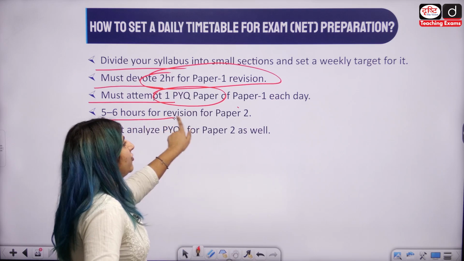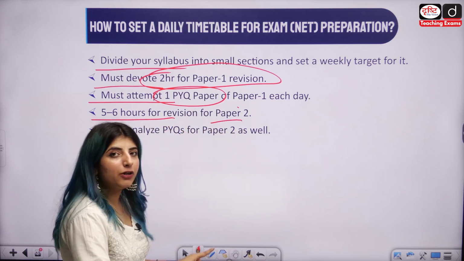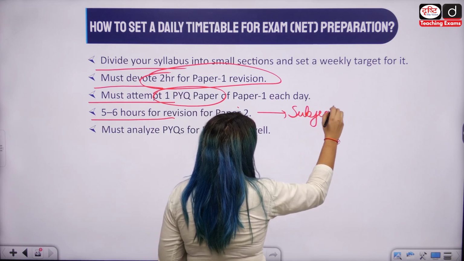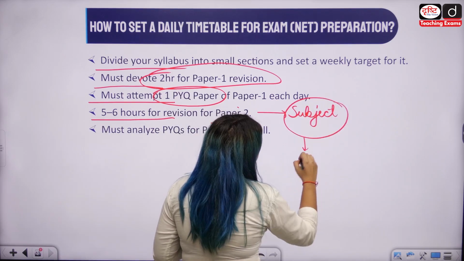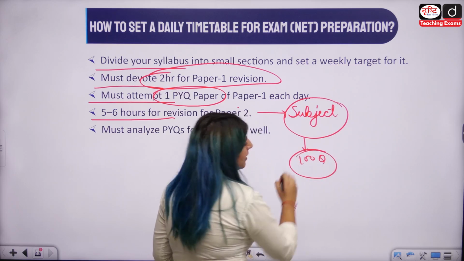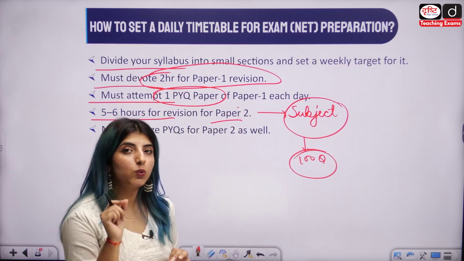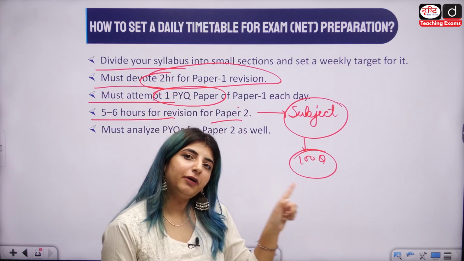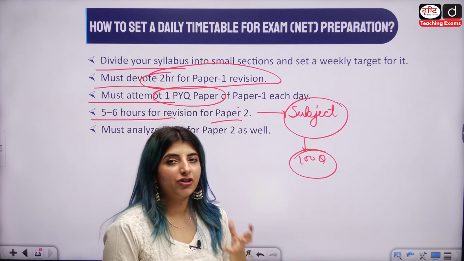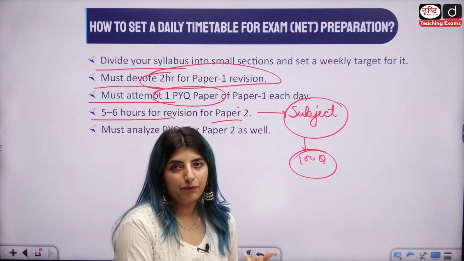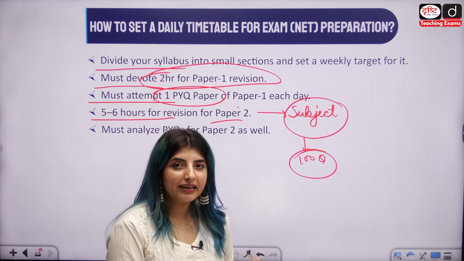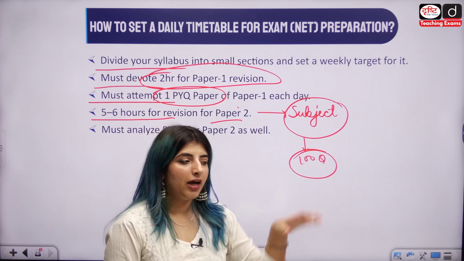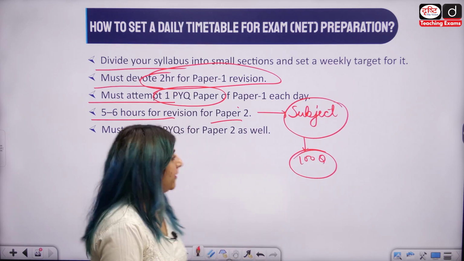5 to 6 hours of revision for paper 2, because paper 2 is going to be your subject specific. Also, it's going to have 100 questions, right? So you need to be well versed, well revised in paper 2 as well, because paper 2 में आपकी असली knowledge जानी जाएगी. यहाँ पे conceptual clarity, the critical analytical understanding of paper 1 is going to be judged through the 10 units which are provided here.